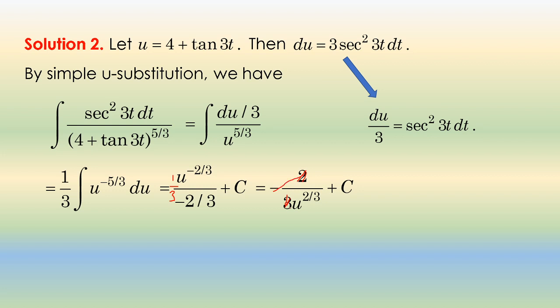So let me correct this one, sorry for this. So this is supposed to be equal to negative 1/2, and then u to the negative 2 over 3, over negative 2 over 3, plus c.